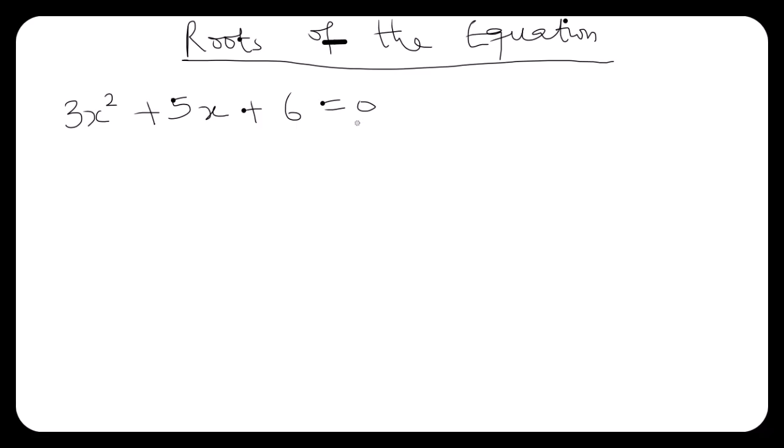So when you are required to find the root of the equation, it simply means you have to find the value or values of the unknown present, which is x in this case. The values you get for x, which can be x is equal to this or this, is what we call the roots of the equation.